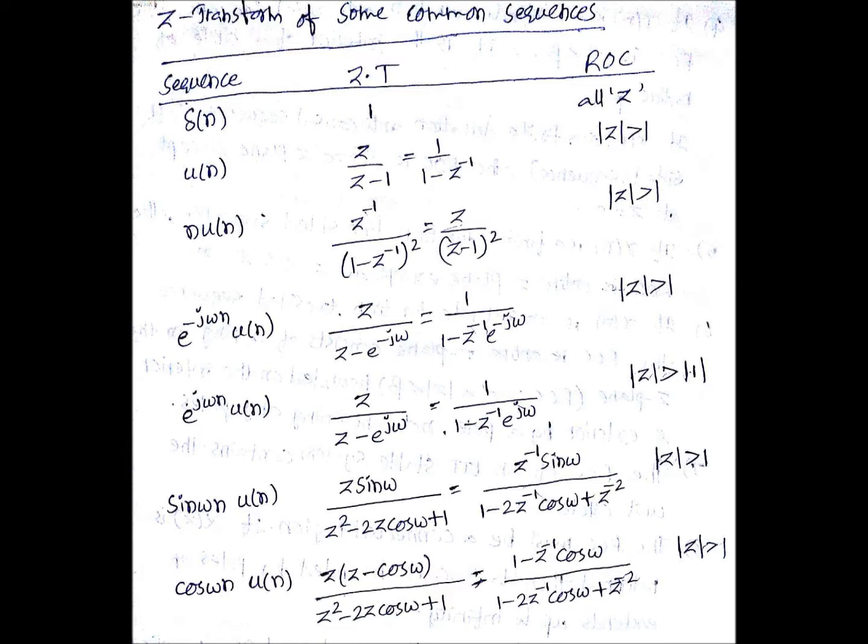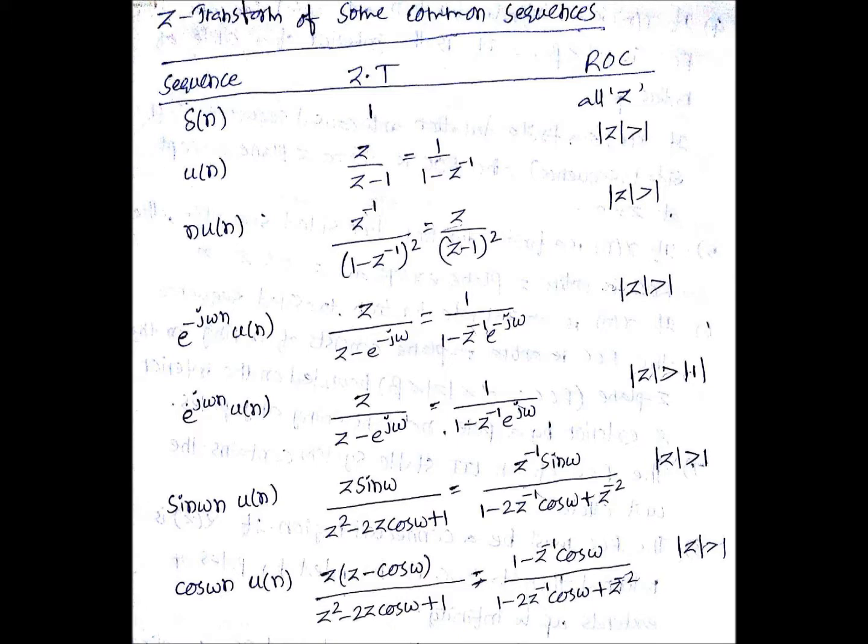Here in place of a, what is there? e power minus j omega is there in place of a. So here in place of z by z minus a, you will get z by z minus e power minus j omega. That's it. Similarly, for e power j omega n, where a will be e power j omega, you will get z by z minus e power j omega.